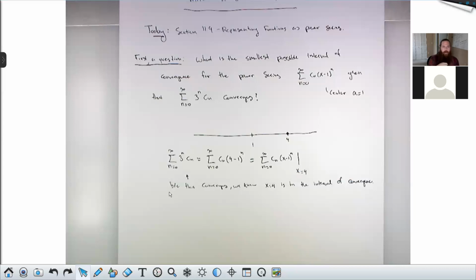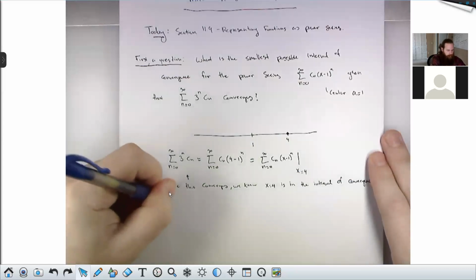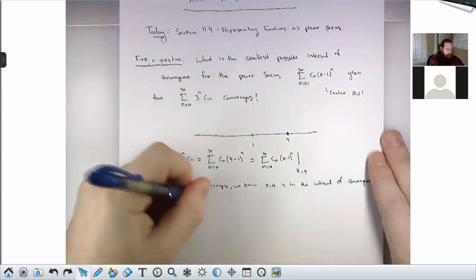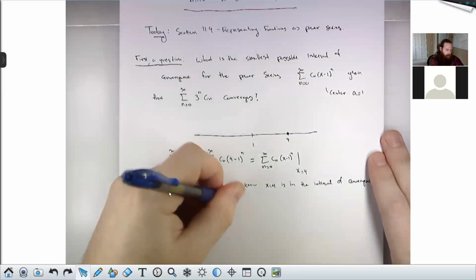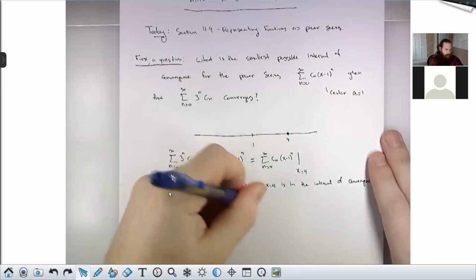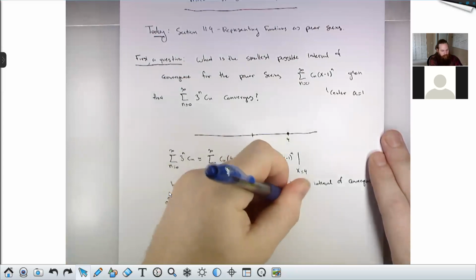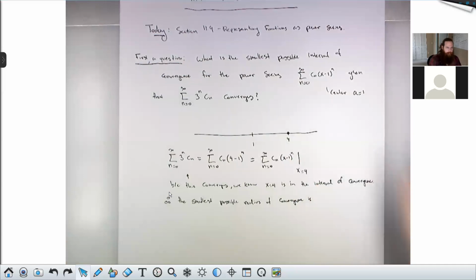So what is the smallest possible radius of convergence? We want to be careful.